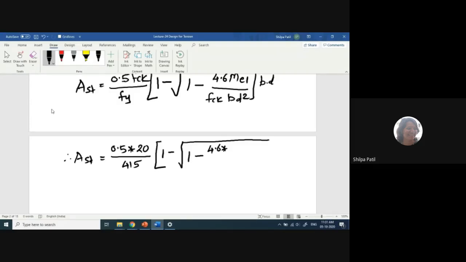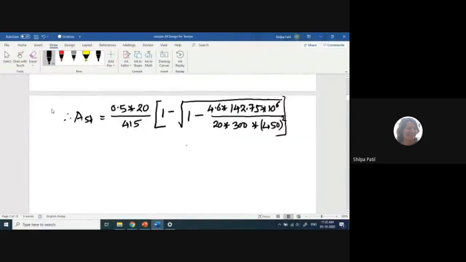ME1 value is 142.75, into 10 raised to 6, divided by FCK is 20, B is 300, and D we calculated as 450 square, bracket complete into B into D we have to write down. Okay, so I will simply write down here B is 300 into D is 450.